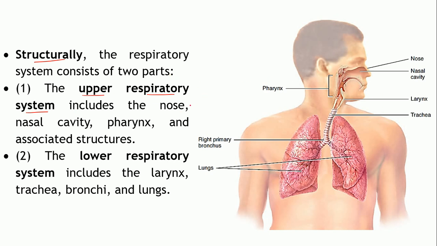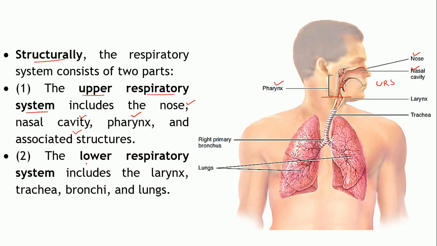These include organs like the nose, the nasal cavity which is present within the nose, pharynx and the associated structures with these organs. So the upper respiratory system comprises parts up to here: the nose, nasal cavity, pharynx and the other associated structures.